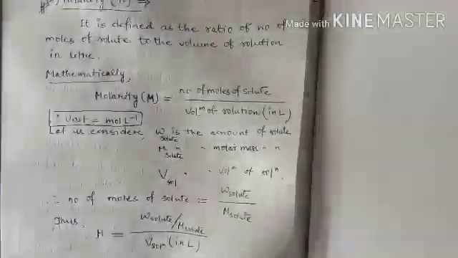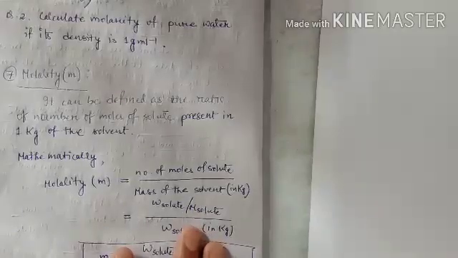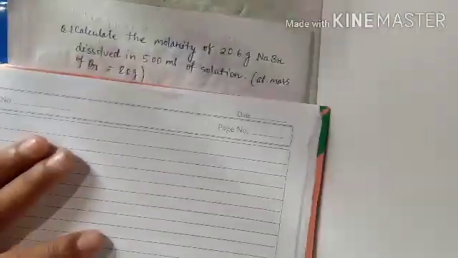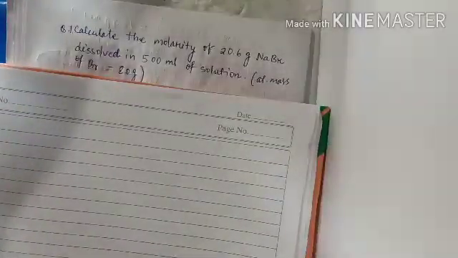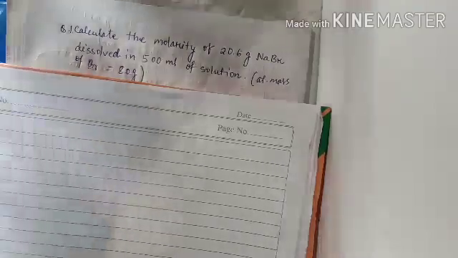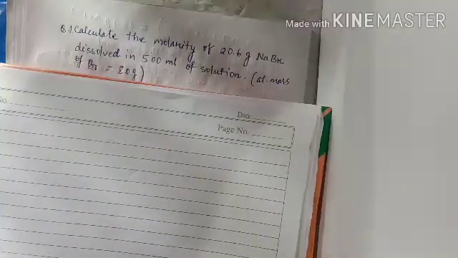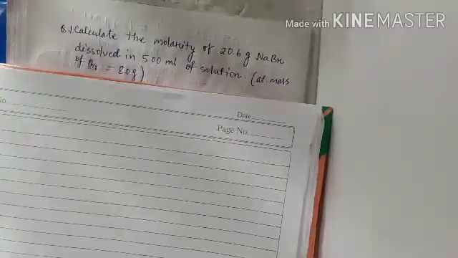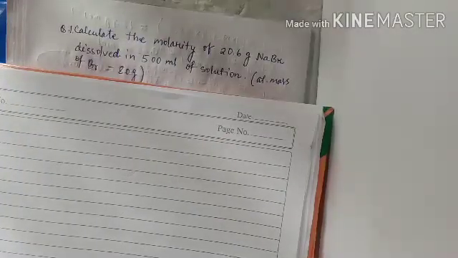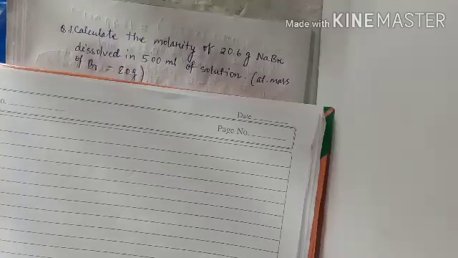Then we go through some questions. Some questions are present. So the first question we take this: calculate the molarity. A very simple question. Calculate the molarity of 20.6 gram sodium bromide dissolved in 500 ml of solution.